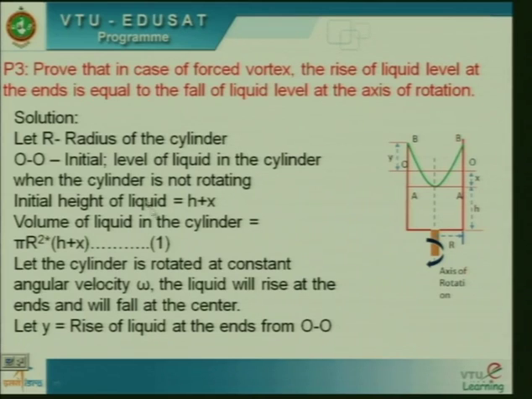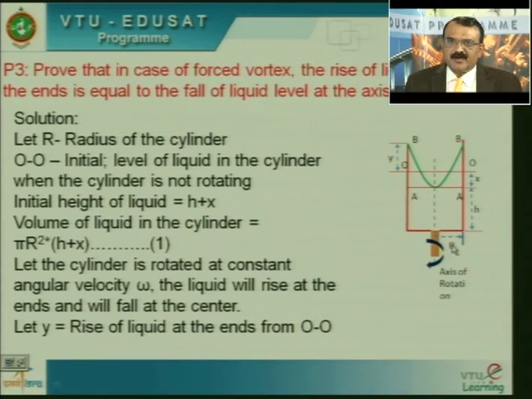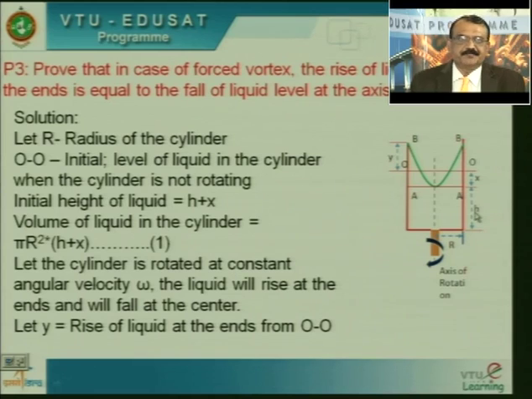This I call capital R, from the center of the shaft to the end of the container, the radius of the container. Then this fall in level I call X, the rise in level I call Y, and from A to the bottom I represent as small h.